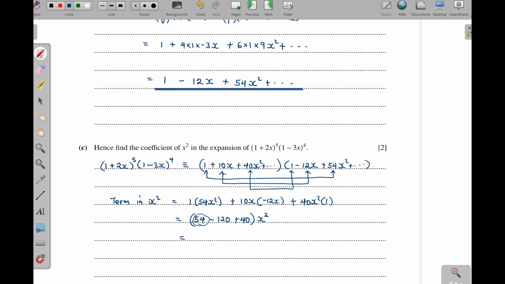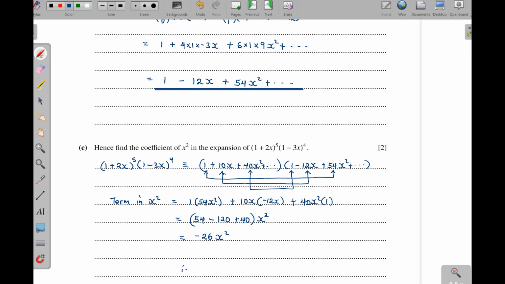And then what do we have here? This is 54. 54 plus 40, that will be 94. So 120, if I subtract 94, you need 6 to go to 100, then also plus the 20, that one will give us 26. So this one will be negative 26x squared.